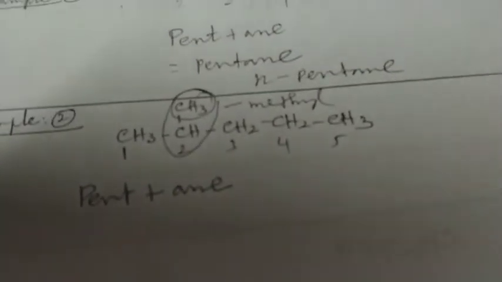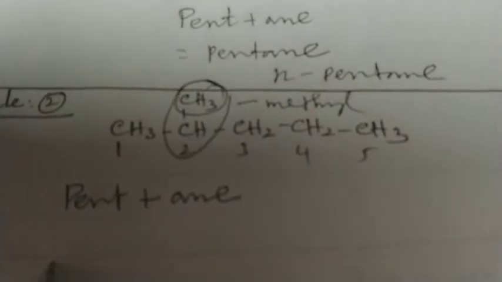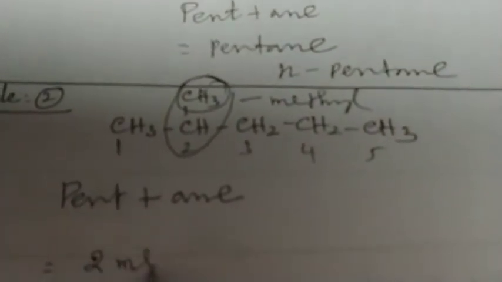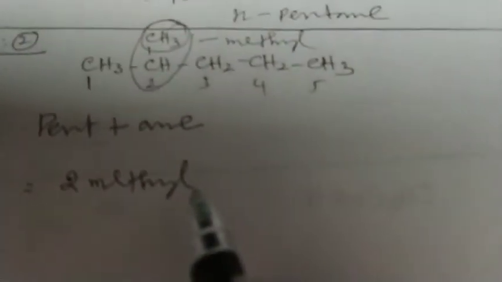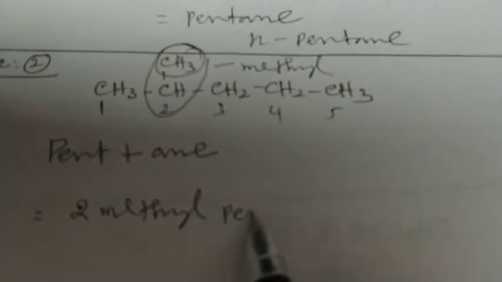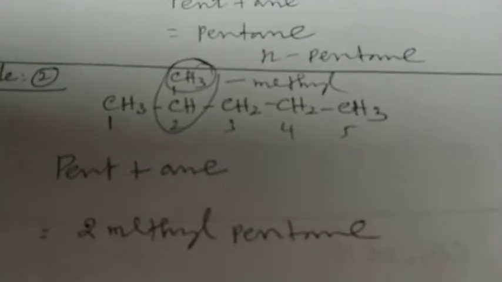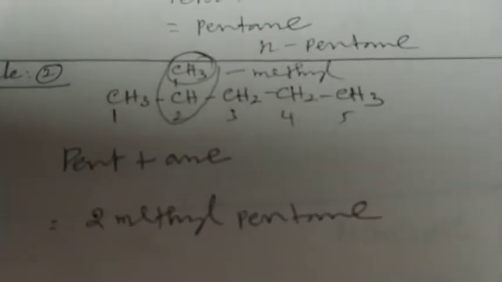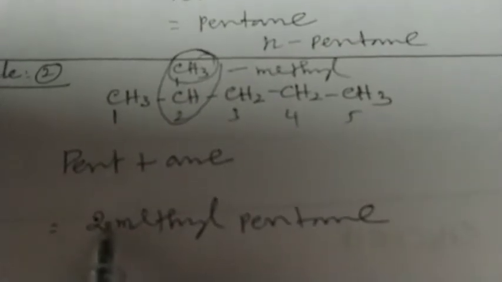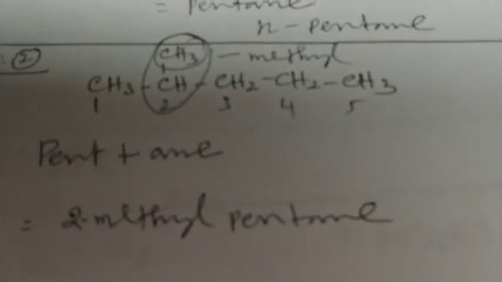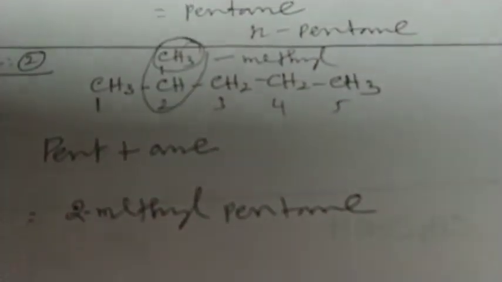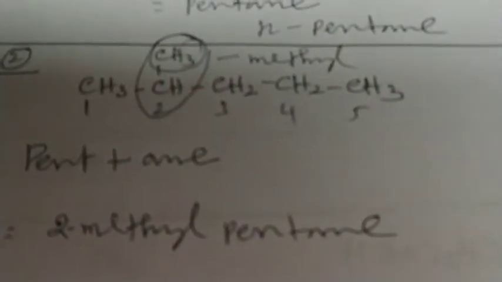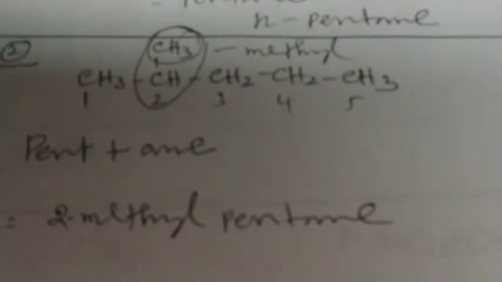So we can write 2-methylpentane. This is the name of the compound. The 2-methyl will be a prefix, that is the phrase before the root word.